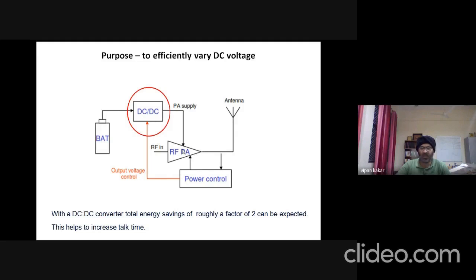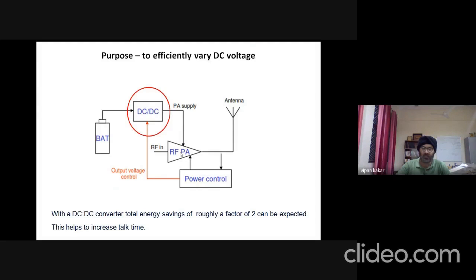In brief, if the workload here is small or less, then the DC to DC converter is tuned to supply less voltage or less power over here. If the workload demand is more, based on the control circuit which sends commands to this DC to DC converter, the power supply is increased depending upon the load requirements or workload requirements.